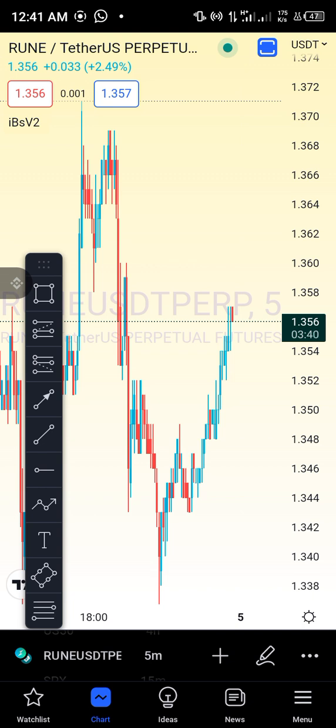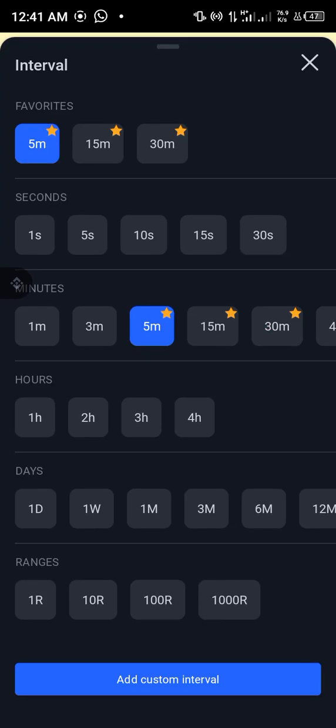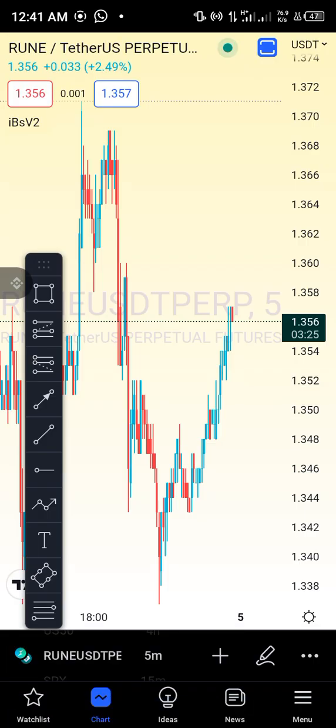When you have confirmed the direction of the market and you want to enter that particular pair, you want to take the trade, I'll be showing you how to get the entry. So the first thing you need to do is a top-down analysis.